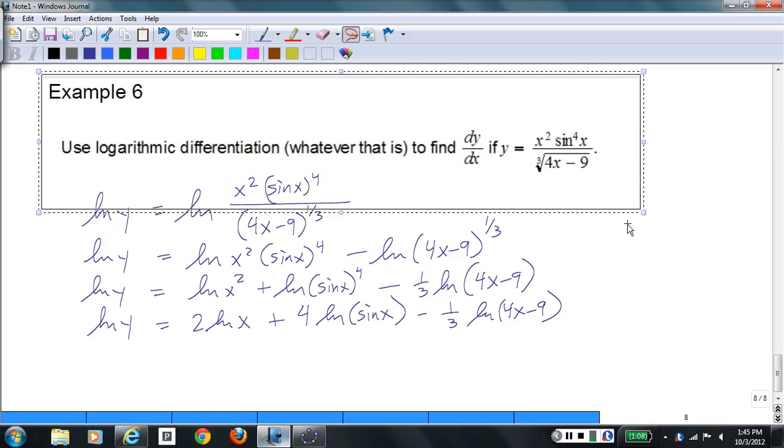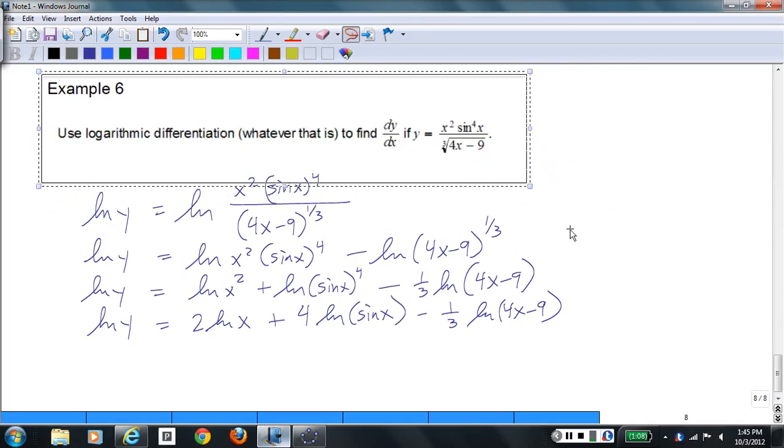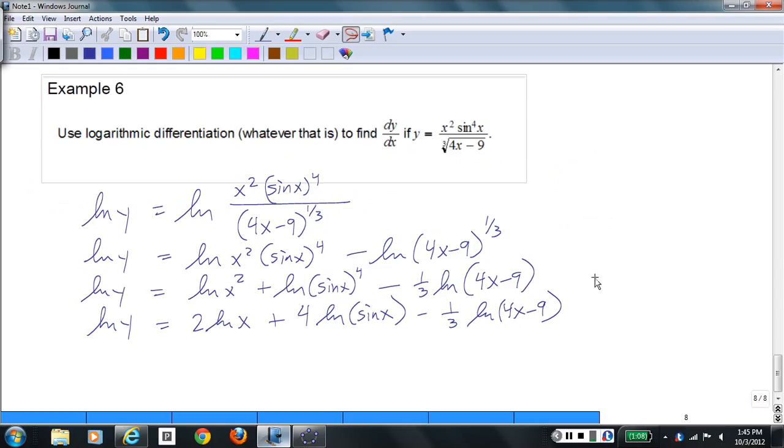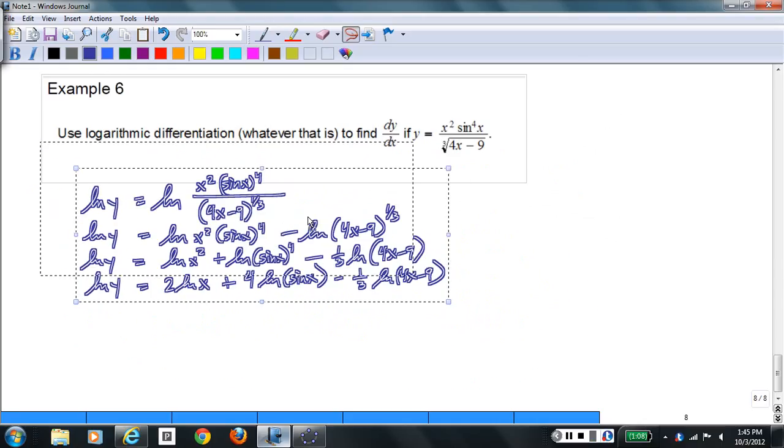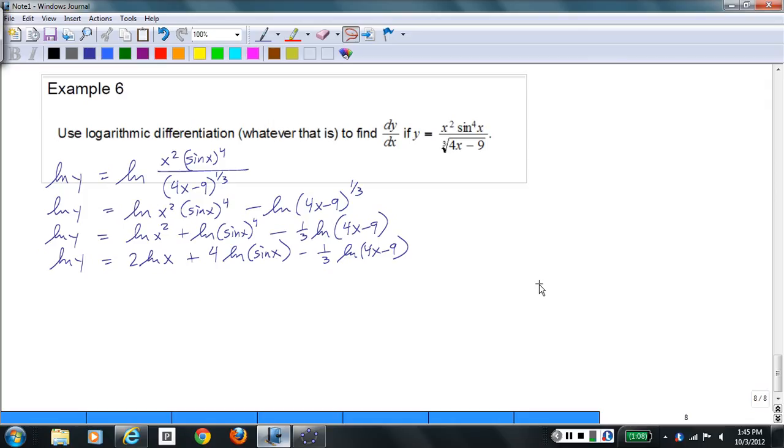Because I could shrink that down a little bit. I hadn't thought of that. Let's do this. Need space. All right. So differentiate both sides with respect to x.